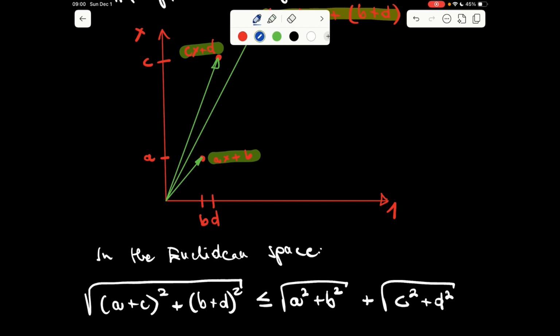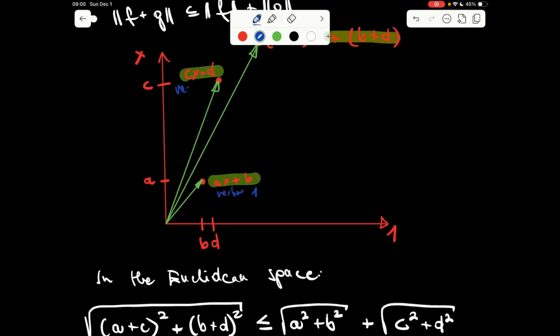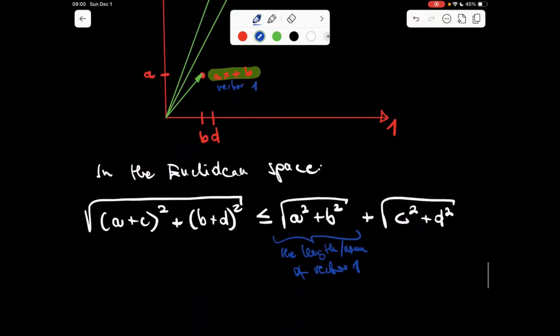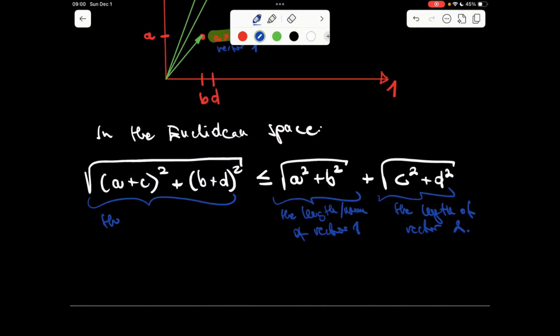This is vector 1, the length, the norm of vector 1, and this is vector 2, and this is the length of vector 2, and this is the sum, and this is the length of the sum of vector 1 and vector 2.